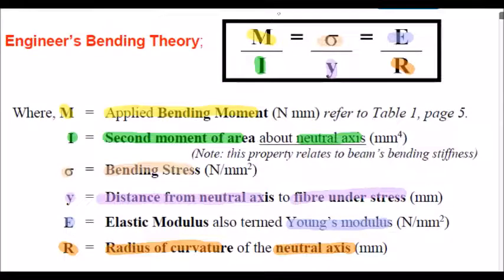So in essence, simply referring to these two parts of the simple engineer's bending theory, and we're modifying them in terms of stress is equal to M upon Z.